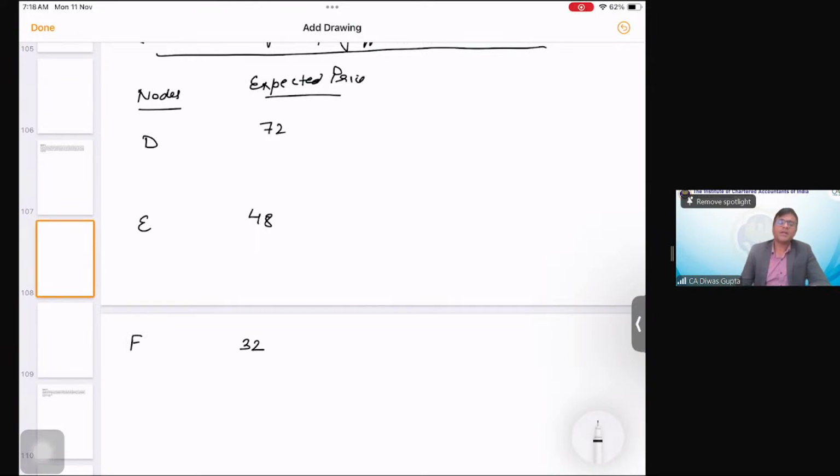This is basis the numbers that we have plotted. The strike price.